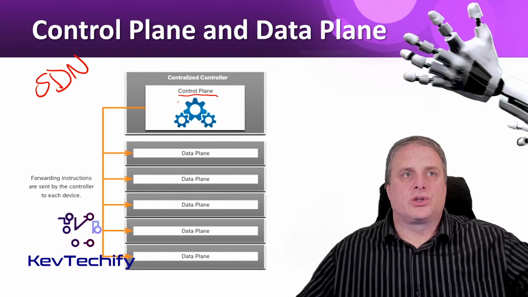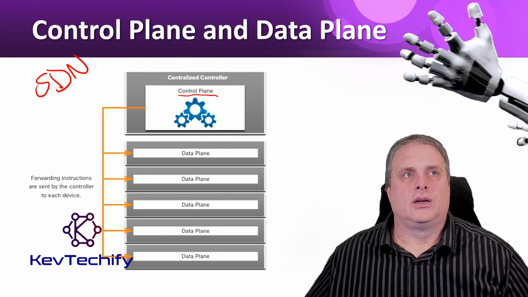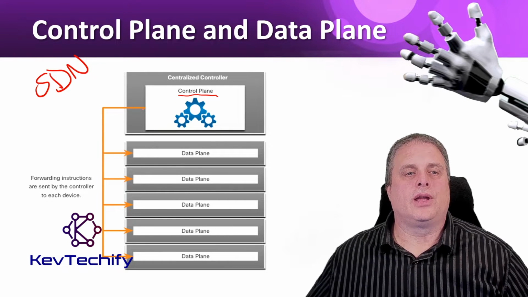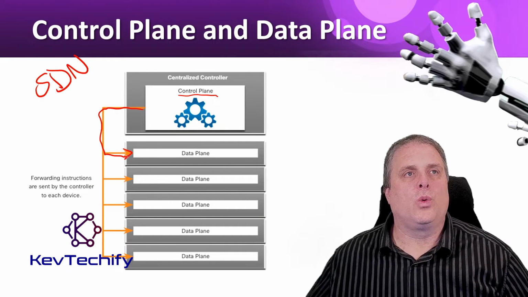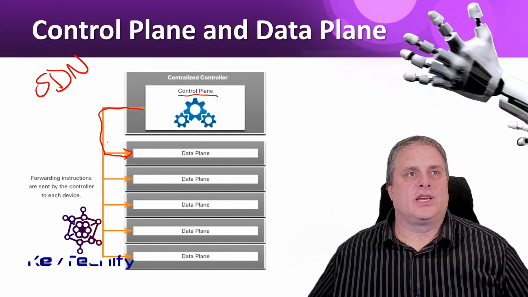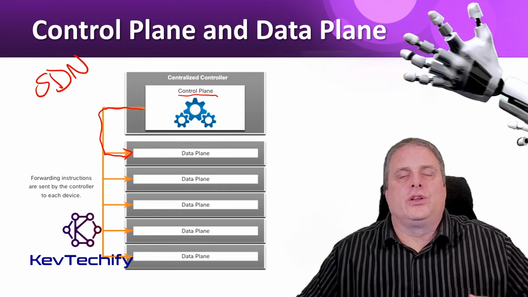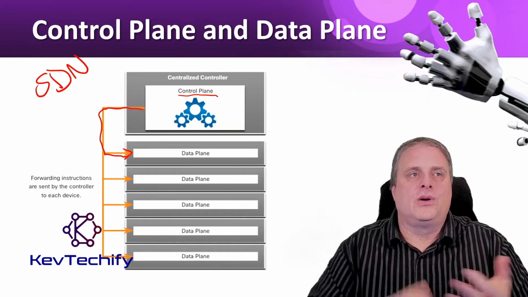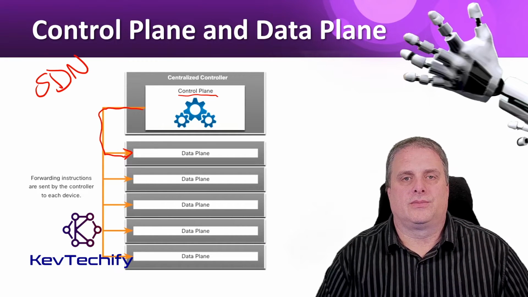The centralized controller then communicates control plane functions to each device. Then this controller communicates with each data plane and gives it instructions on what to do. Each device can now focus on forwarding that data while the central controller manages the data flow, increases security, and also provides some other services.